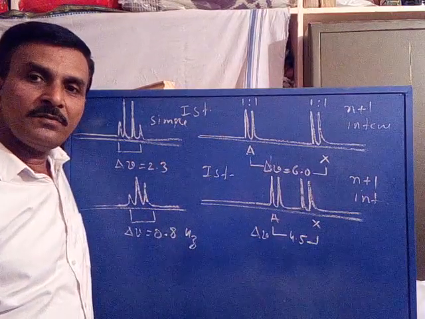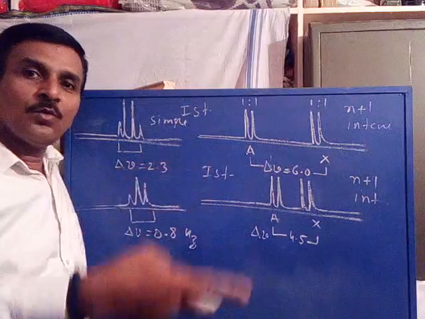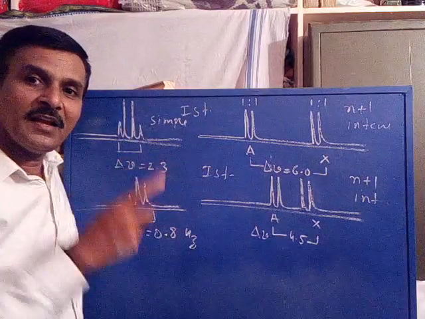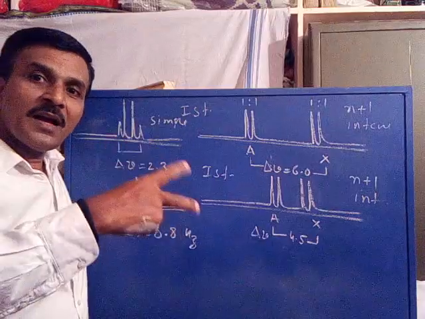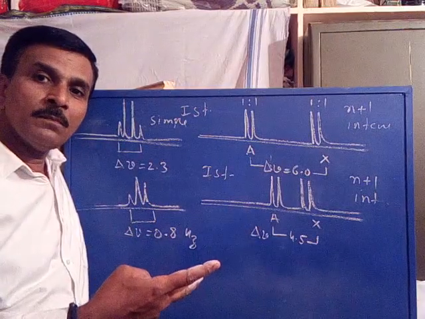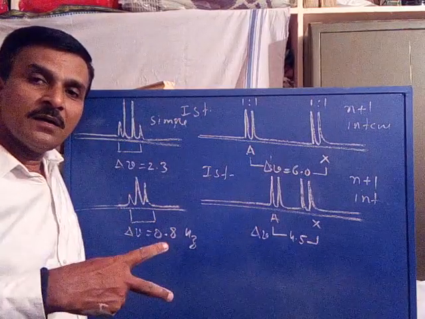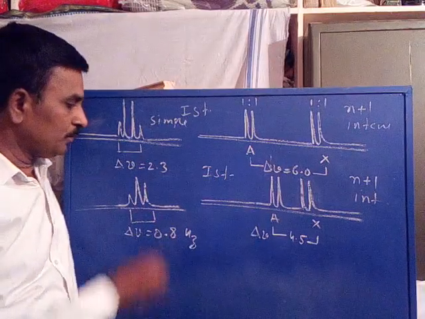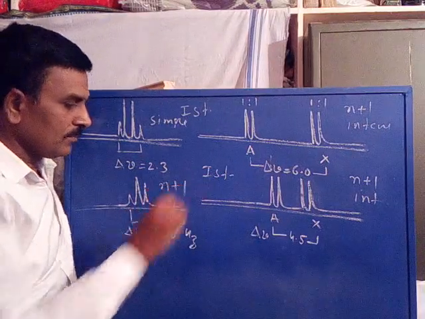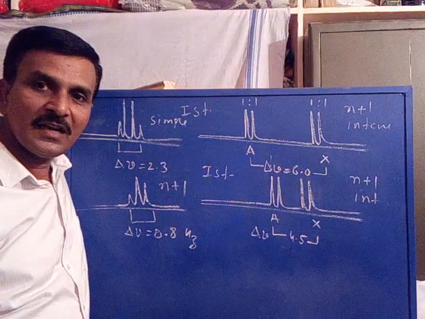Why? Because the two inner lines of the two doublets are overlapped due to the decreasing frequency difference. Is it clear? When the two doublets cannot be seen in the spectrum, that indicates what? The signals are not according to the n+1 rule. Not n+1 rule. Is it clear?